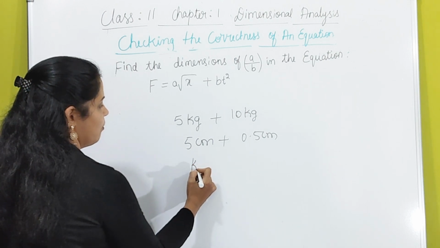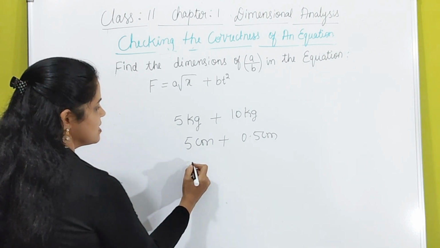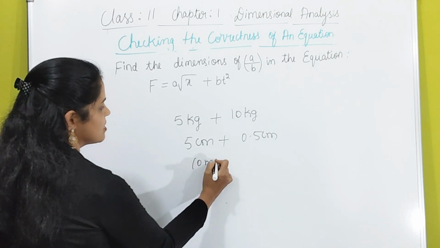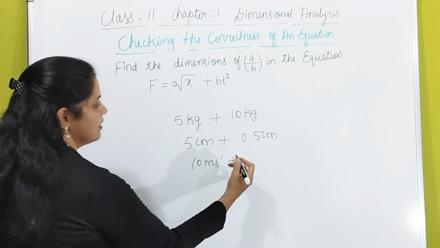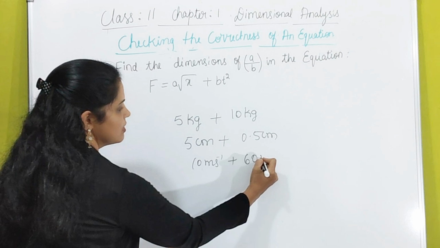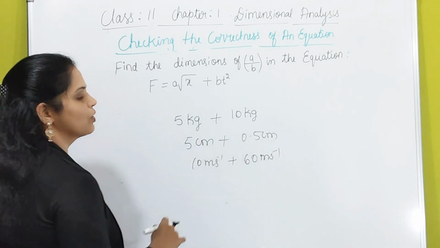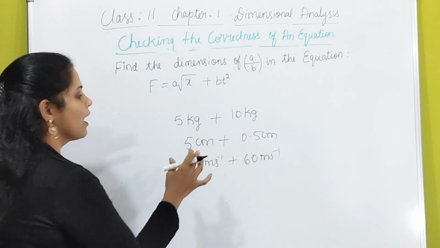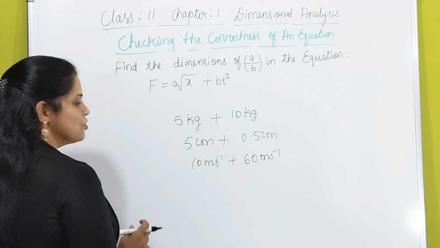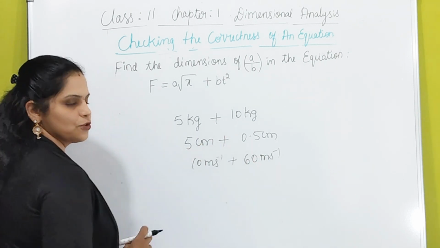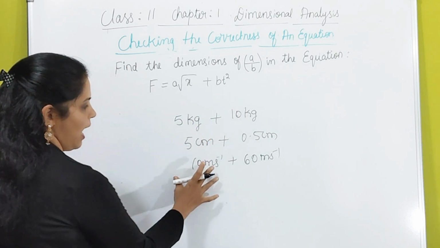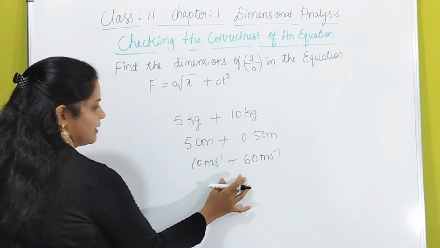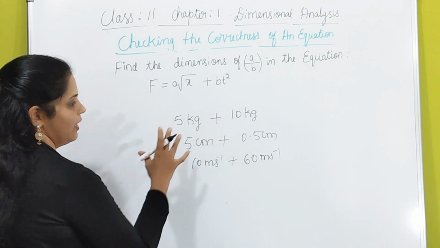A body is moving with velocity 10 meter per second, and another vehicle is moving with the speed 60 meter per second, then what is the total speed of both the vehicles? You are adding speed here, right? So you cannot add speed and force. Therefore, the same physical quantity must be added or subtracted or multiplied or divided, right?